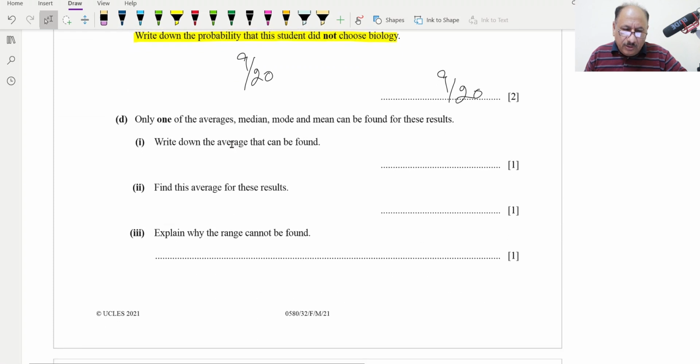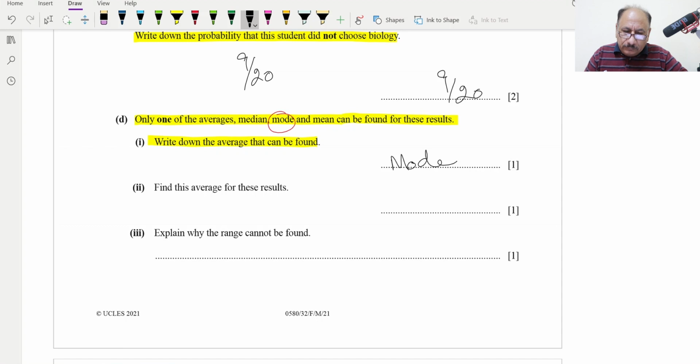Then D part, only one of the averages, median, mode and mean, can be found for these results. Write down the average that can be found. We can find the mode. Basically this mode can be found, so most occurring.